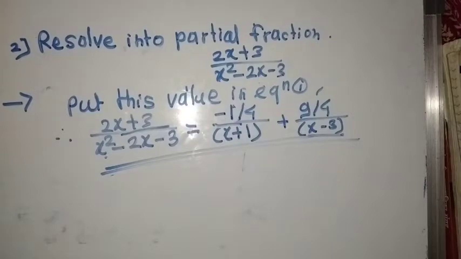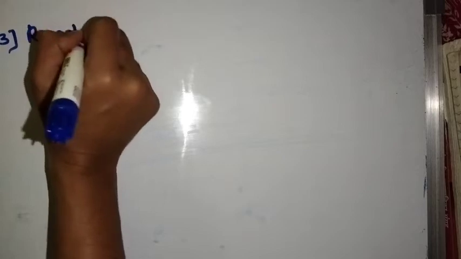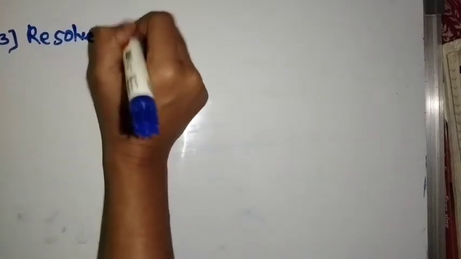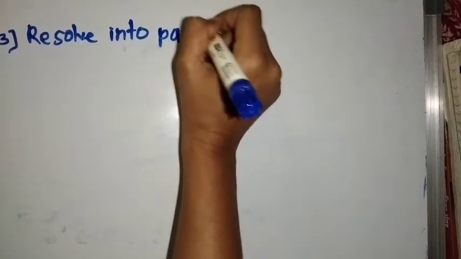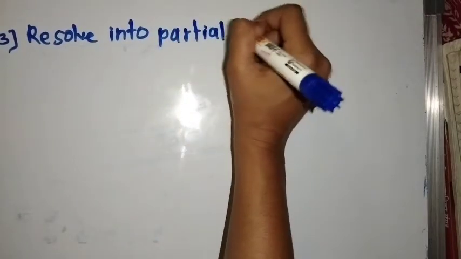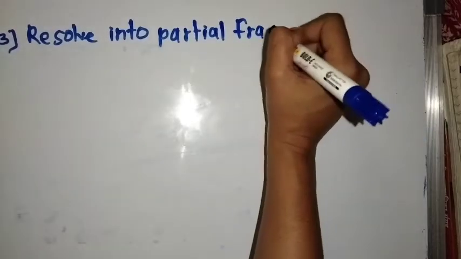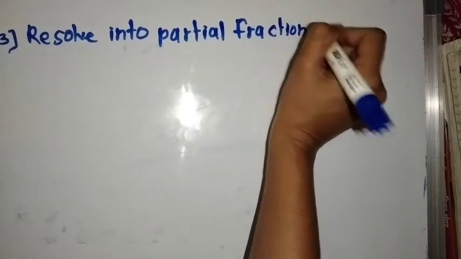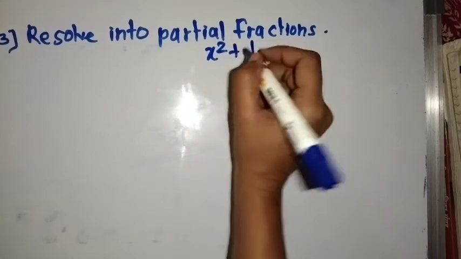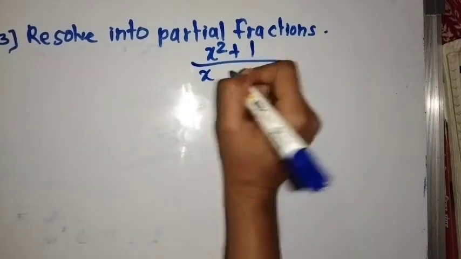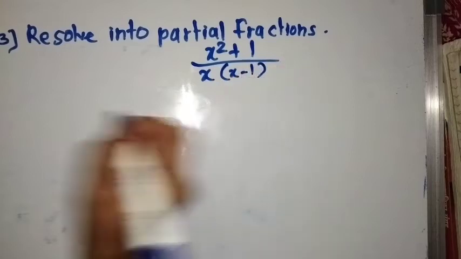Then we give the third example. Resolve into partial fractions x square plus 1 upon x square minus 1.